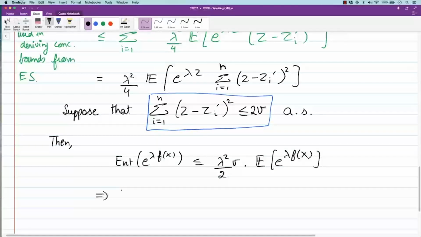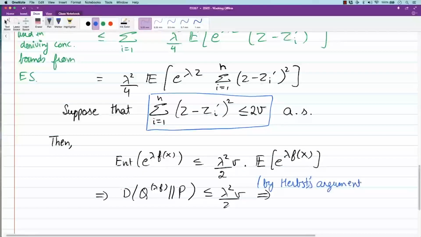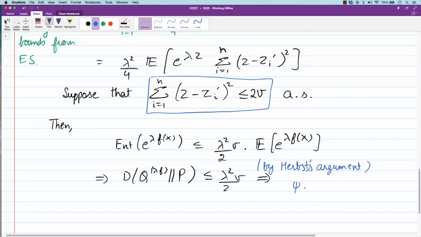This implies that the ratio of these two, which is the divergence between q lambda f and P, is less than or equal to lambda square V, which by Herbst's argument implies that the log moment generating function of f(x) is less than or equal to lambda square V by 2. You can subtract the same quantity from both, the ratio does not change, and nothing changes.